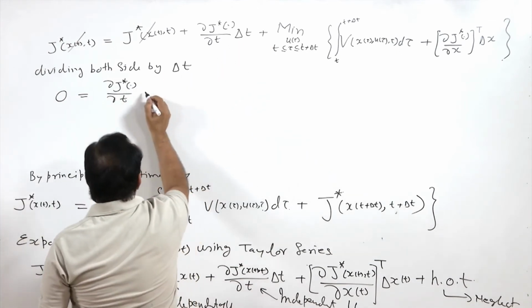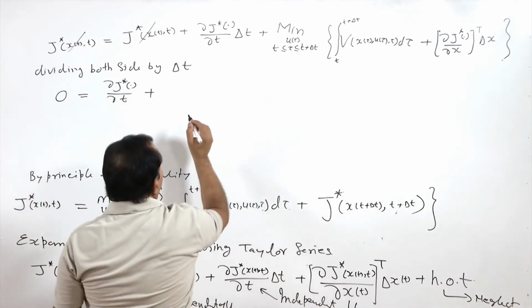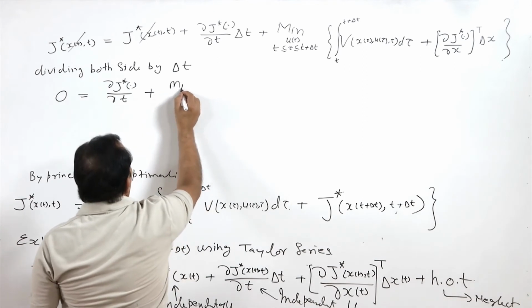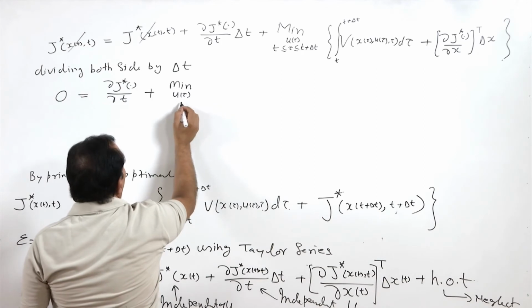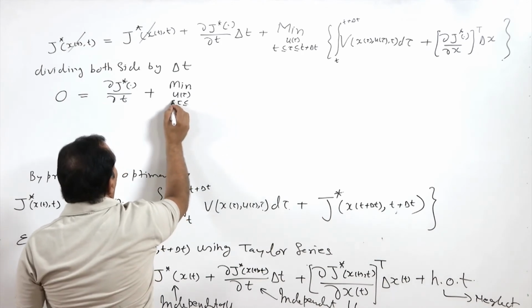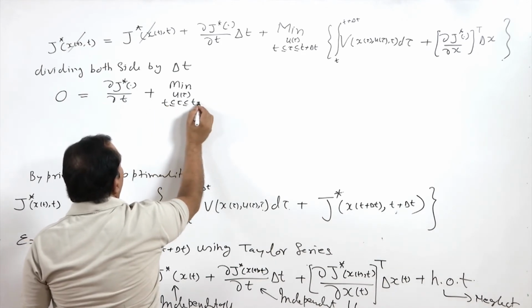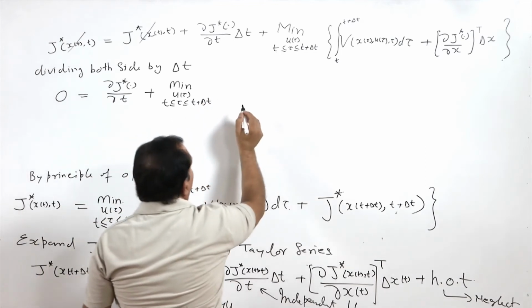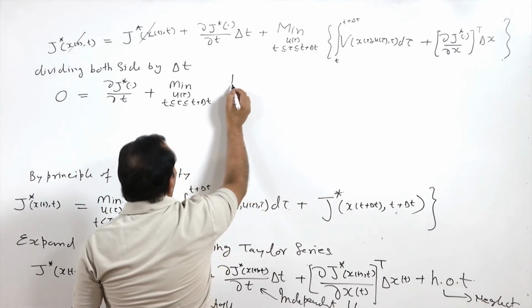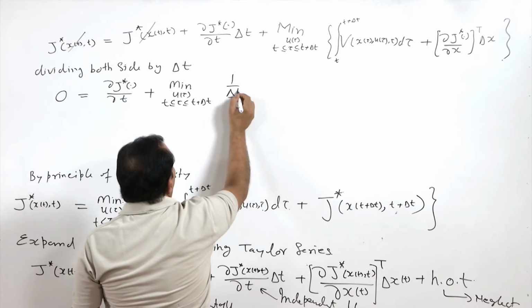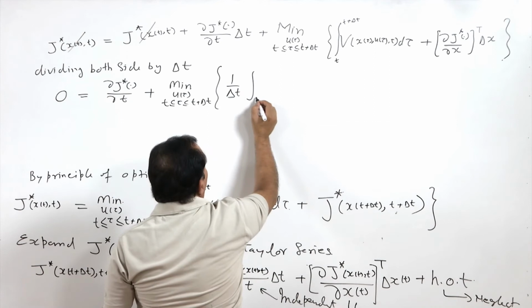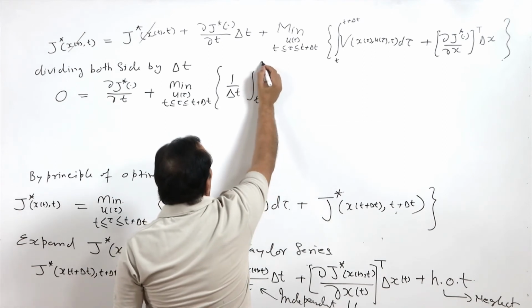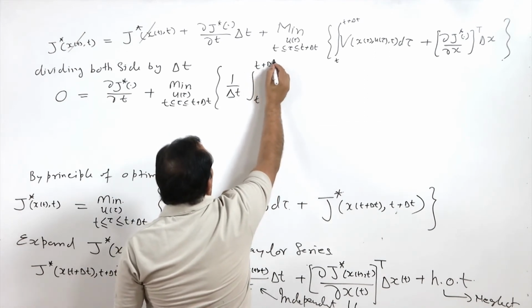So, this will be 1 plus the minimum over u(τ), where τ is within my range t to t plus Δt, of 1 by Δt times the integral from t to t plus Δt.